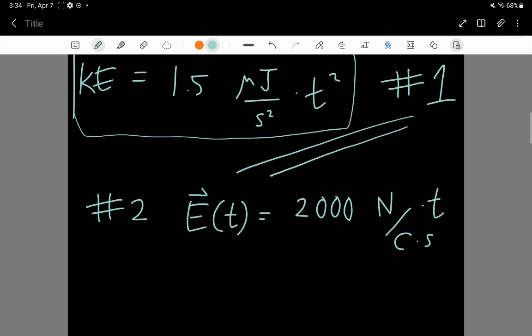Let me clean up the units a little bit and make them a little bit more clear about where things sit. So it's newtons per coulomb second times time. And actually, I'm forgetting something. It's towards the right, right? The vector electric field is towards the right.